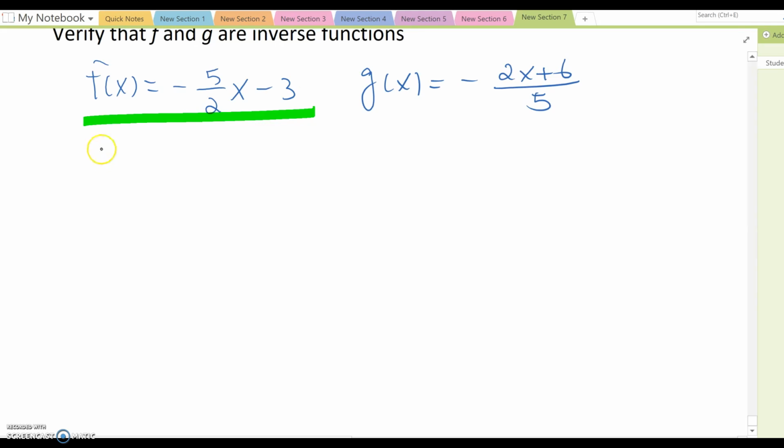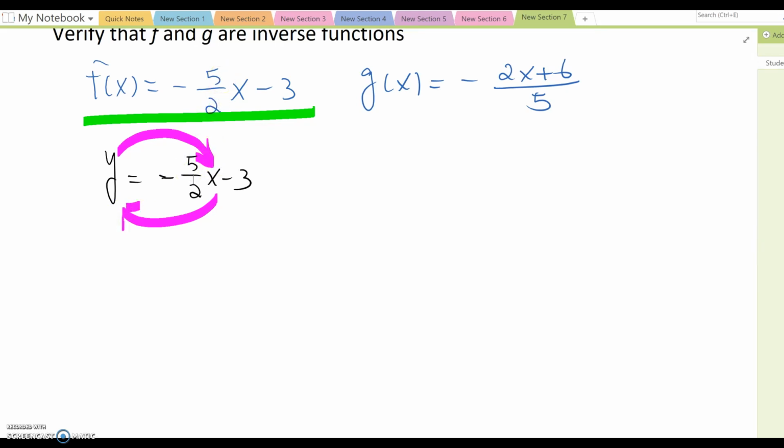So from f(x), I'm going to make y equal to negative 5 over 2x minus 3. And from here, we switch x and y positions. That's the first step to find the inverse function, right?